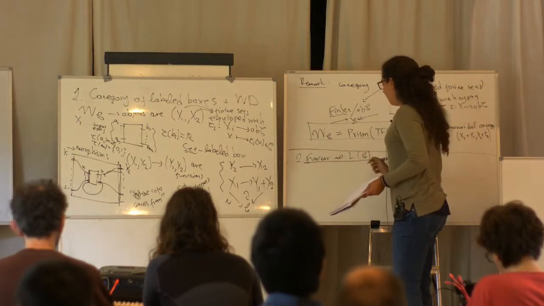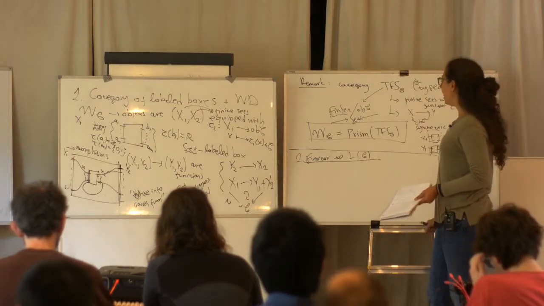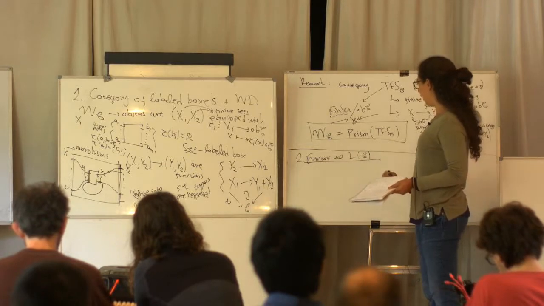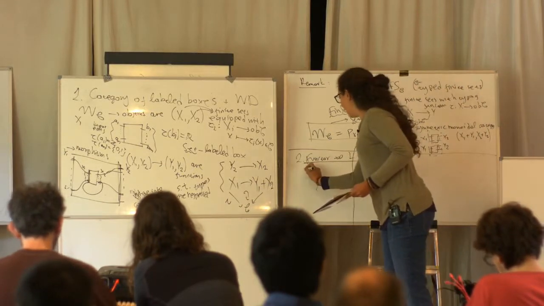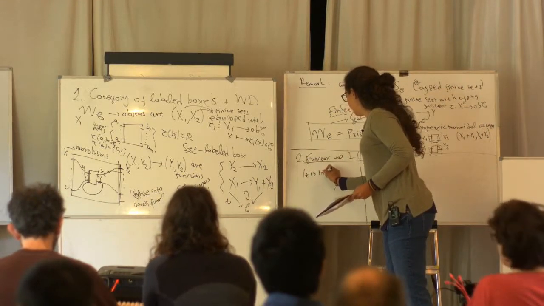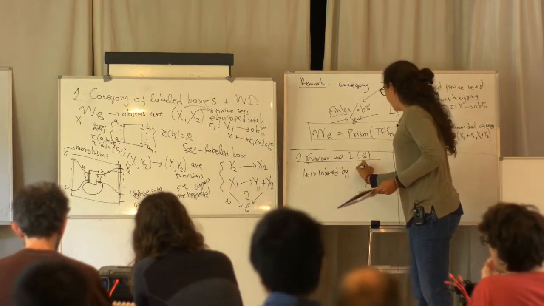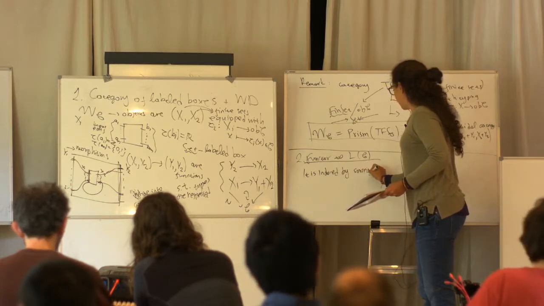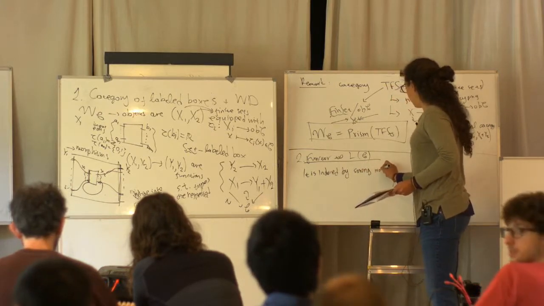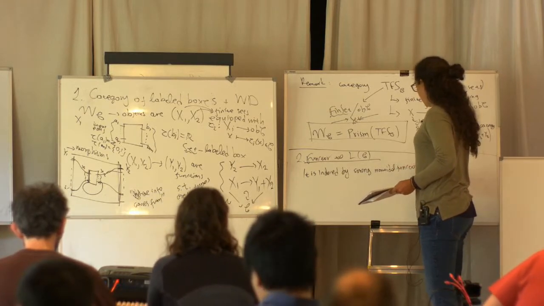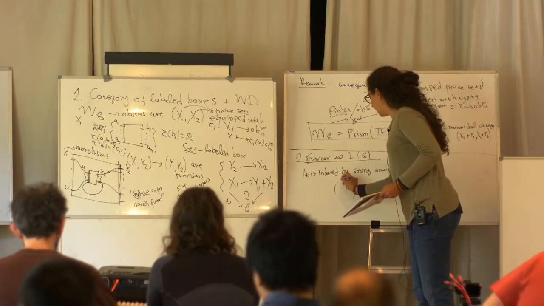So I'm going to build this functor to L of C, but this functor really comes between the prism and L of C here. There is a functor, so it will be induced by, well, I'm going to write a strong monoidal functor, and I'm going to explain strong monoidal functor, which I'm going to call hat.